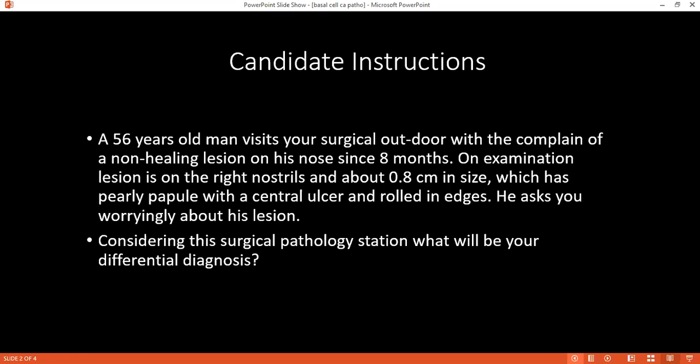Once you are excising the lesion, how would you make sure to prevent recurrence? Okay, I will do Mohs microsurgery. Yes. You'll take deep margins. Okay. Right.